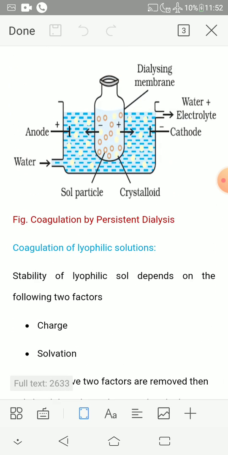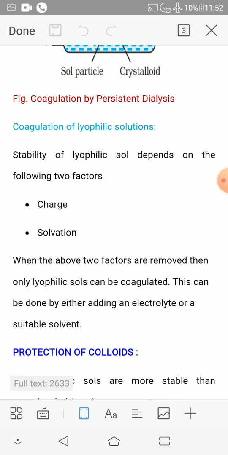Now, coagulation of lyophilic solution. The stability of a lyophilic solution depends on two factors: one is charge, another is solvation.